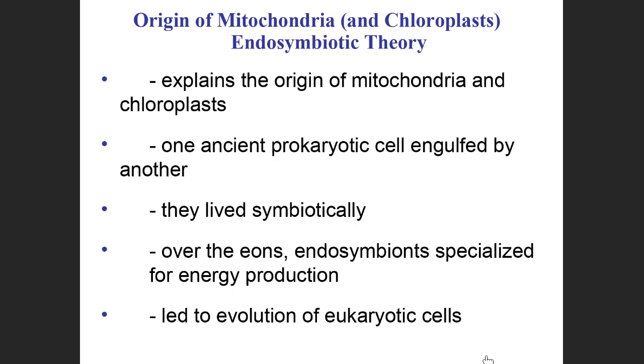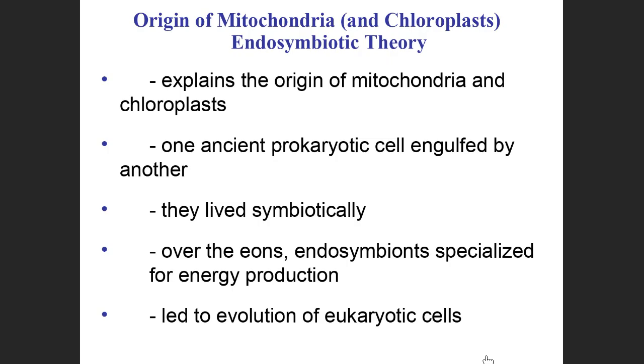And this, of course, took many, many eons of time. But that's how we believe eukaryotic cells developed, from prokaryotic cells that engulfed each other. And then the cell that got engulfed specialized for energy production, either becoming a mitochondrion, or if the cell had the ability to perform photosynthesis, it evolved into a chloroplast.